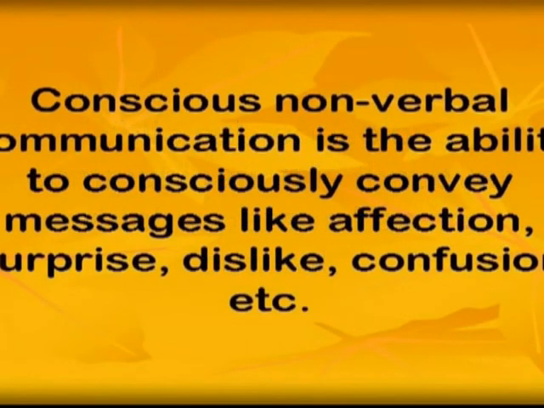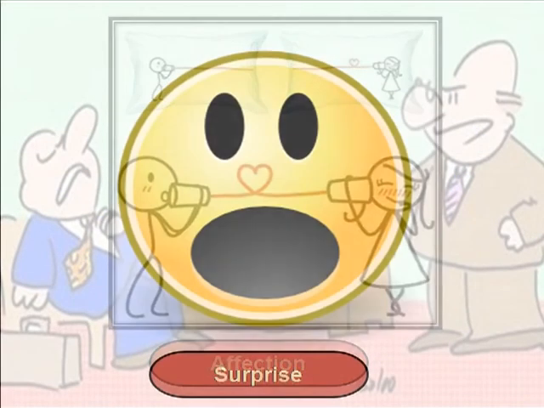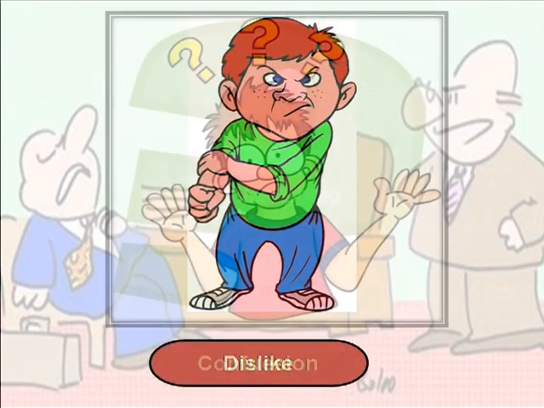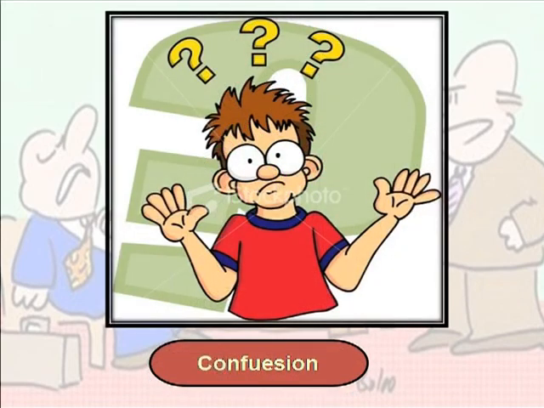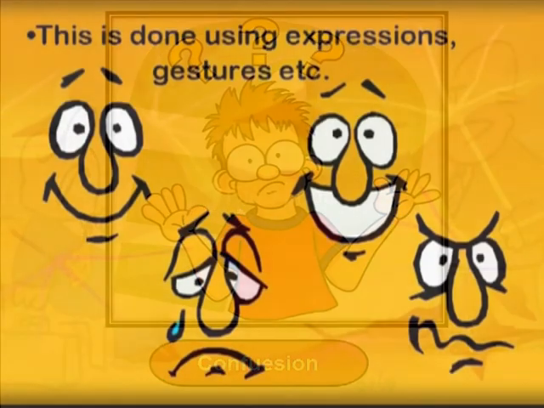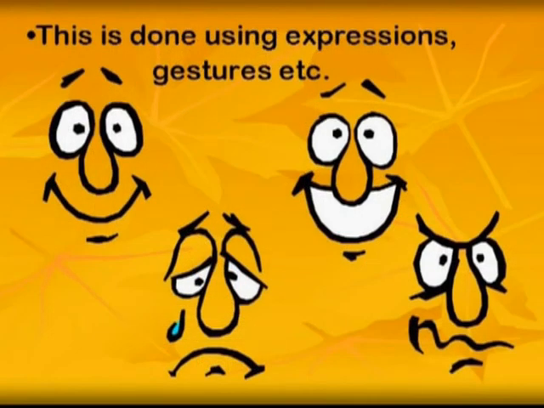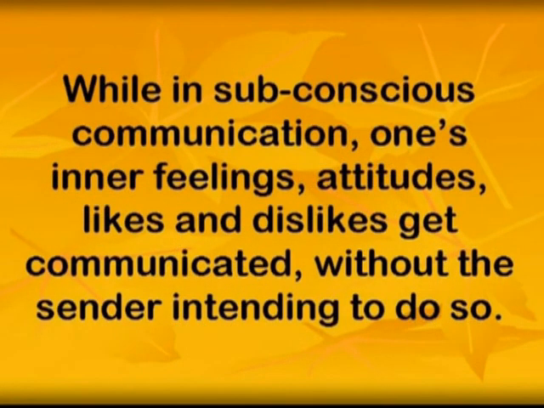Conscious non-verbal communication is the ability to consciously convey messages like affection, surprise, dislike, confusion, etc. This is done using expressions, gestures, etc. While in subconscious communication, one's inner feelings, attitudes, likes and dislikes get communicated without the sender intending to do so.